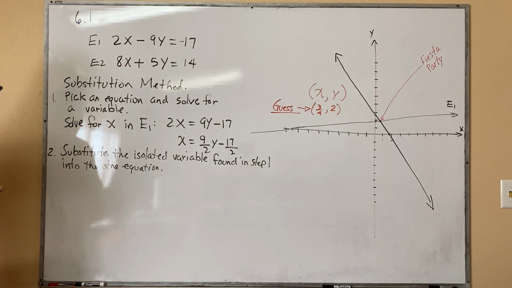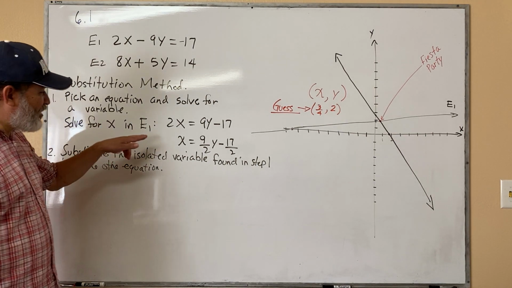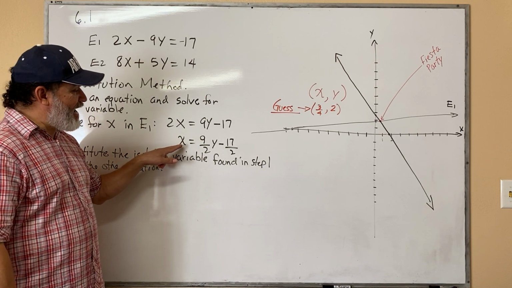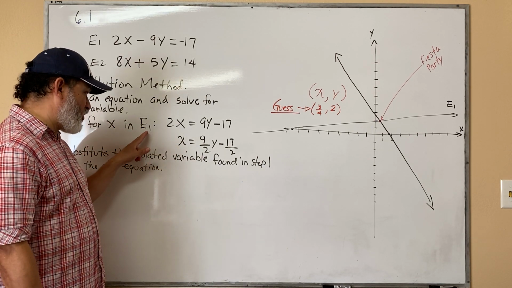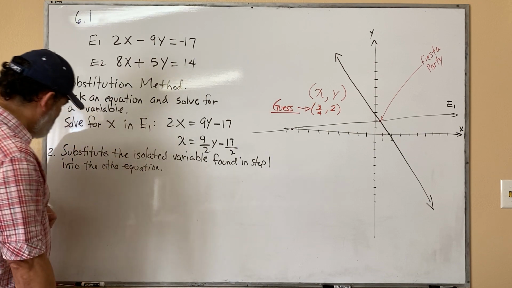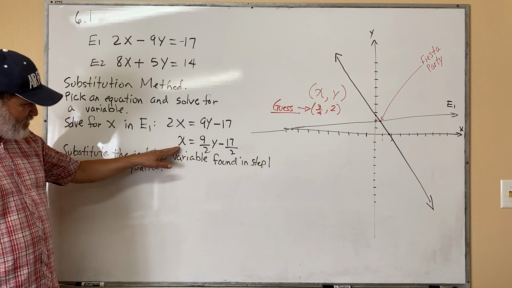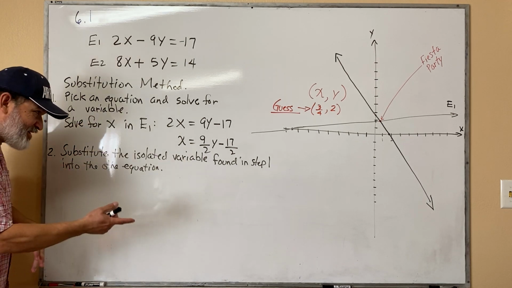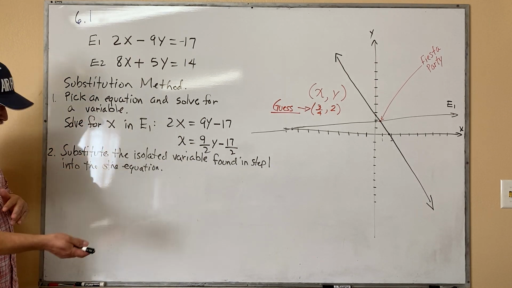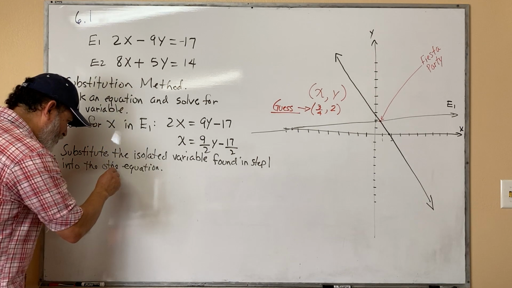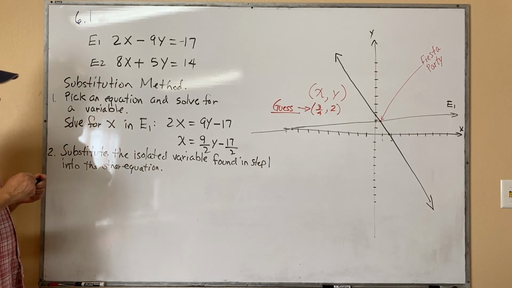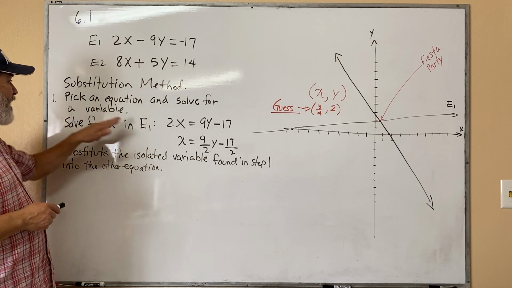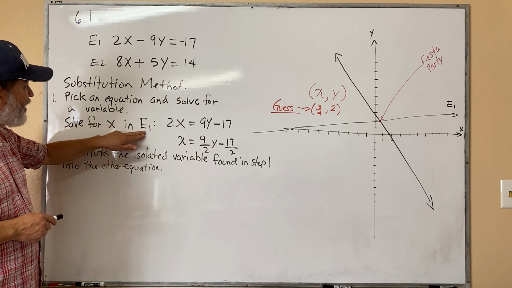Okay. I found an equation in step 1. I isolated x in equation 1. I'm going to take this x from equation 1 and substitute it into the other equation. And what's the other equation? That's equation 2. In step 1, I work with equation 1, with this one.